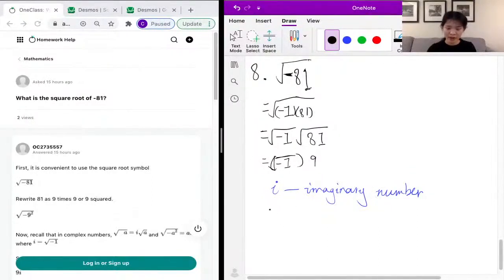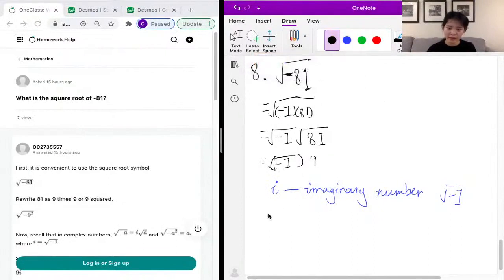It's used very often in how we try to explain the natural world. So basically, 9 has a value of the square root of negative 1, the imaginary number square root of negative 1.